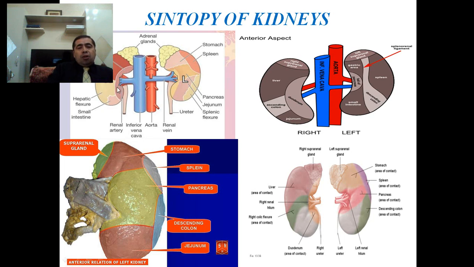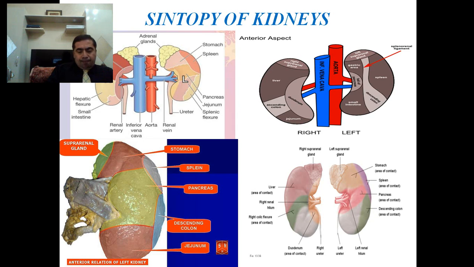And the medial border of the right kidney is in contact with the descending part of the duodenum. Very close contact. And during surgical operations, a non-experienced surgeon unfortunately can damage the right kidney during the operation on the duodenum.